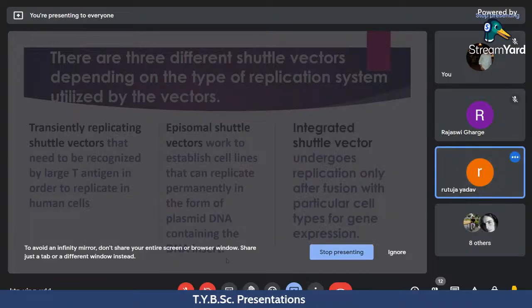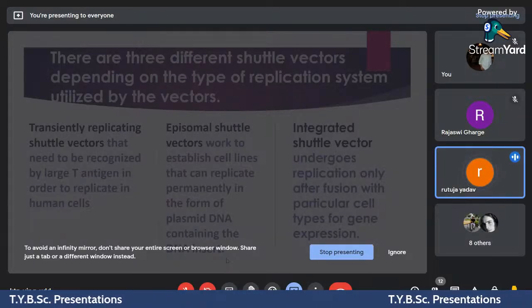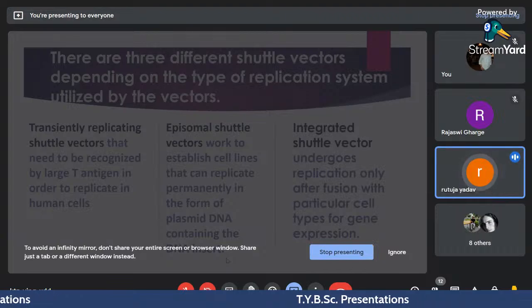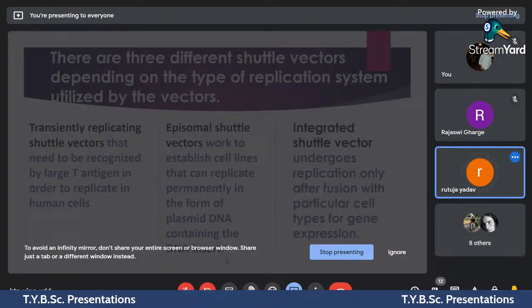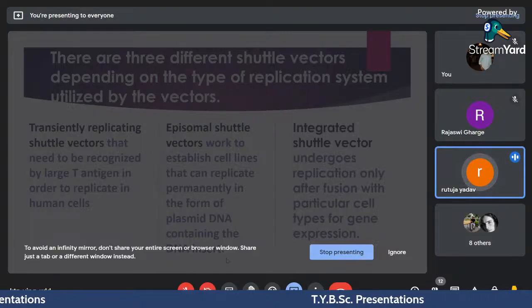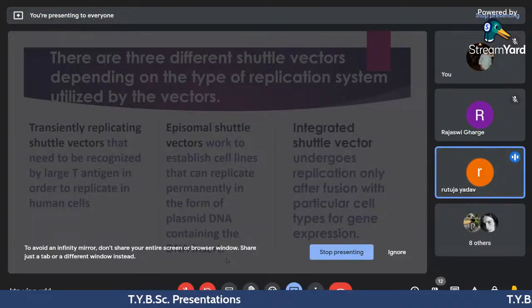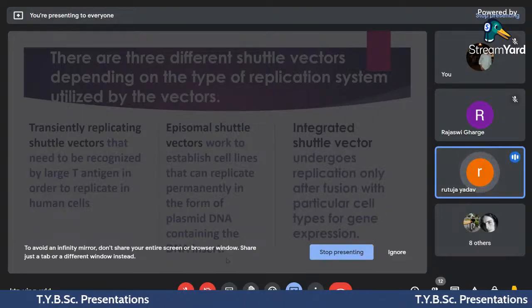There are three different vectors depending on the type of replication system utilized by the vectors. First is the transiently replicating shuttle vector that needs to be recognized by large T antigen in order to replicate in human cells.